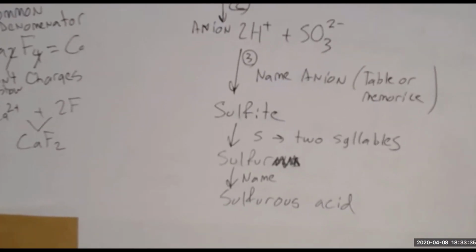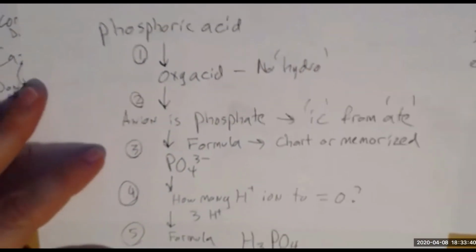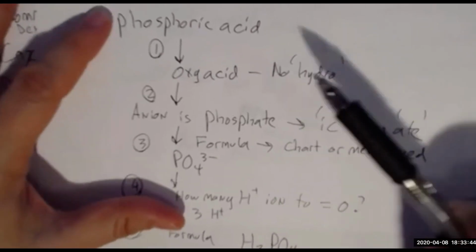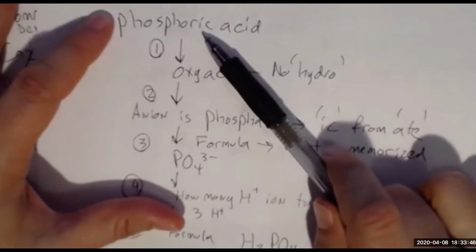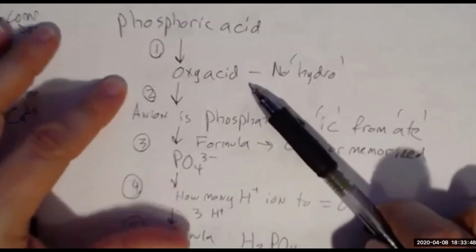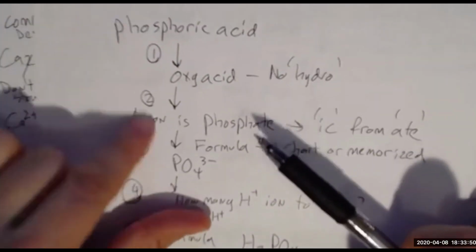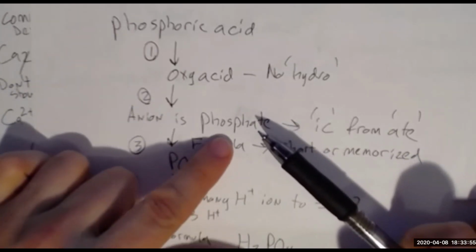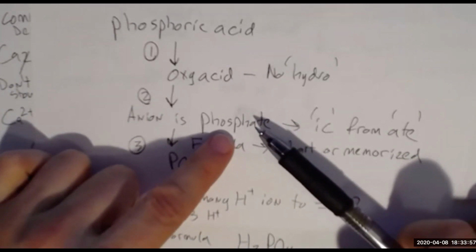Let's go back to the previous one. Where was the 2 syllable thing coming over here? We said phosphoric acid, it's oxy. When we went from phosphoric, we still saw phosphate.